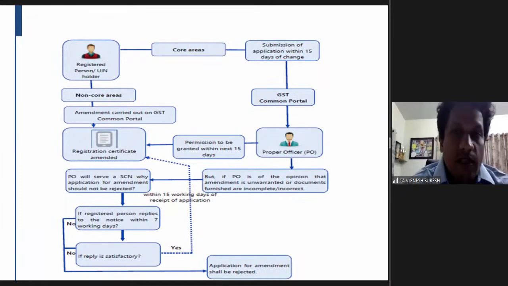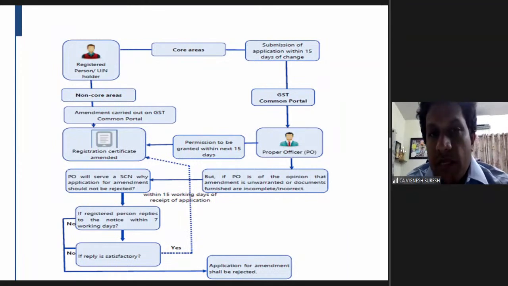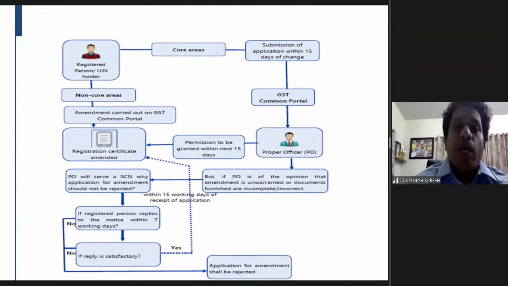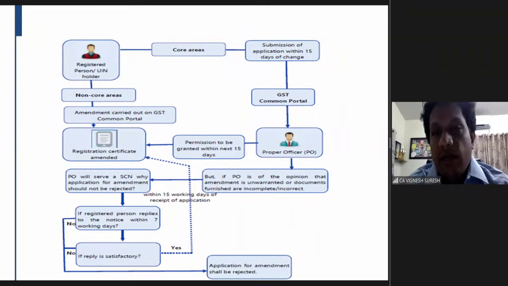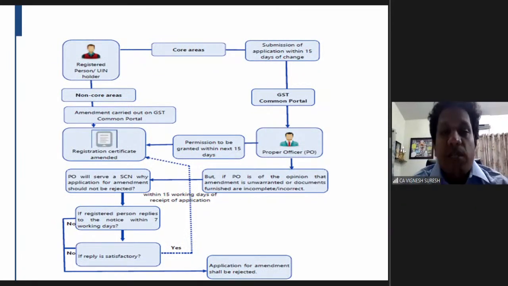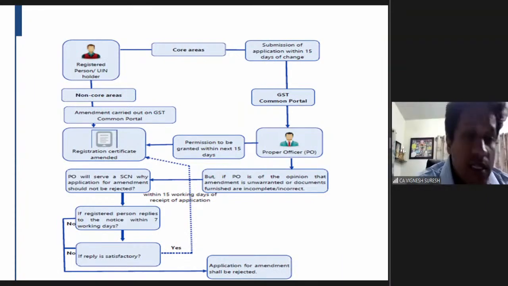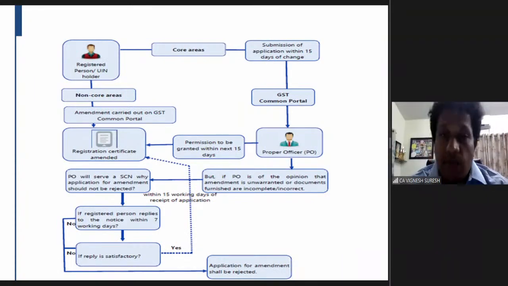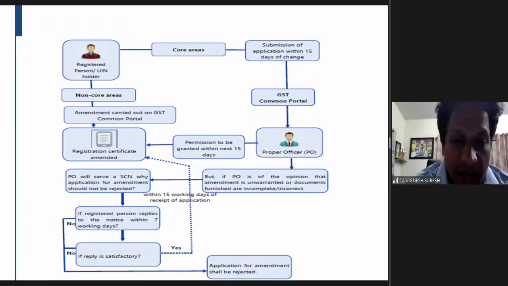So whenever the change happens, within 15 days, he will submit the application to the GST Common Portal. The GST Common Portal will forward it to the proper officer, and the proper officer will have two options. He will either grant the permission within the next 15 days if he is satisfied with everything, and then obviously the registration certificate will be amended. But if he is not satisfied, if he feels that the application is incomplete, etc., he will serve a show cause notice as to why the amendment should not be rejected.